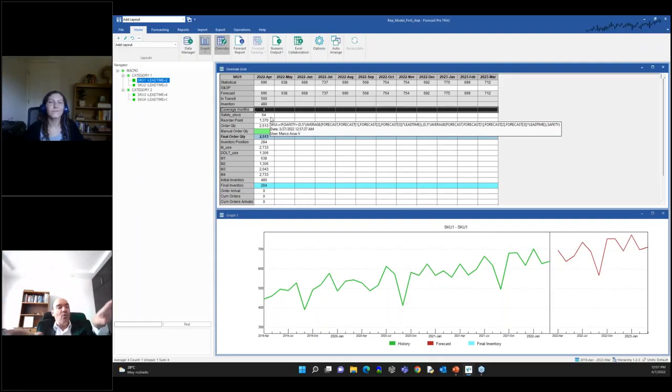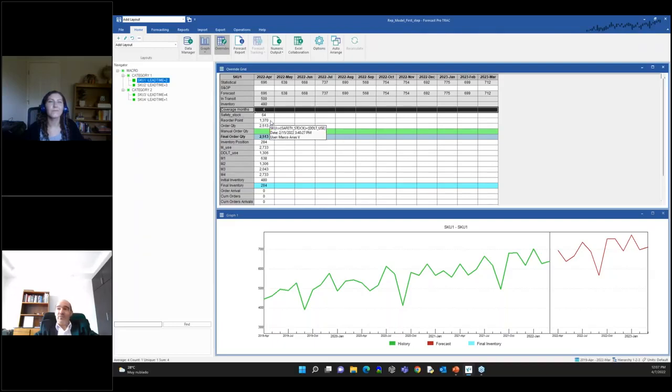We don't want more than 5 weeks of safety stock. We don't want more than a month of safety stock. And in order to respect that, we include that as an upper limit. And if the calculation is below that, ForecastPro will use the safety option. So that's basically how we created safety stock.